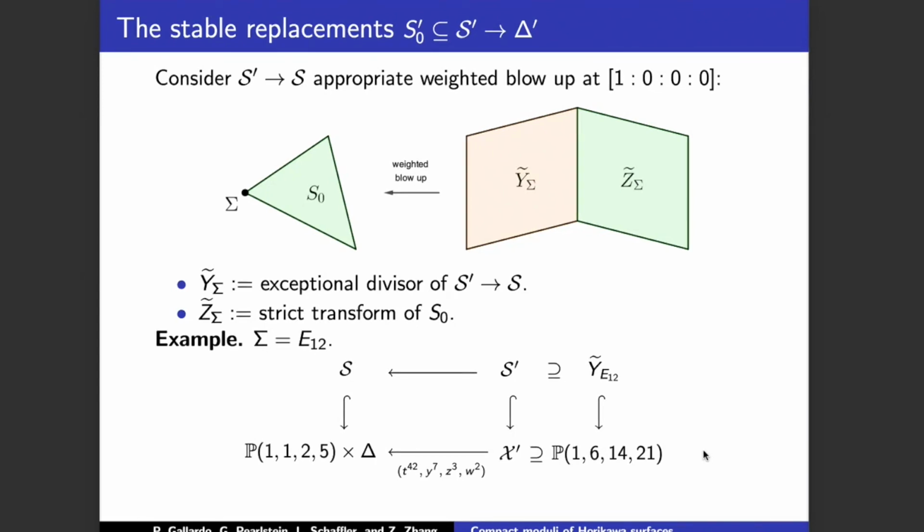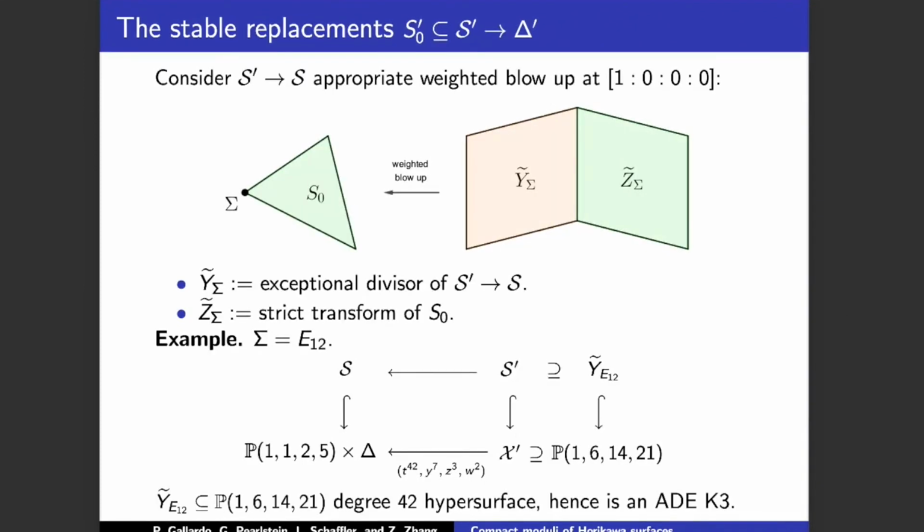If you look at what happened at the level of S, this induced a blow up of curvy S as well. We obtained S prime, and the exceptional divisor of the blow up S prime to S is denoted by YE12 tilde and sits inside this other exceptional divisor as a hypersurface. And it will be actually a hypersurface of weighted degree 42.